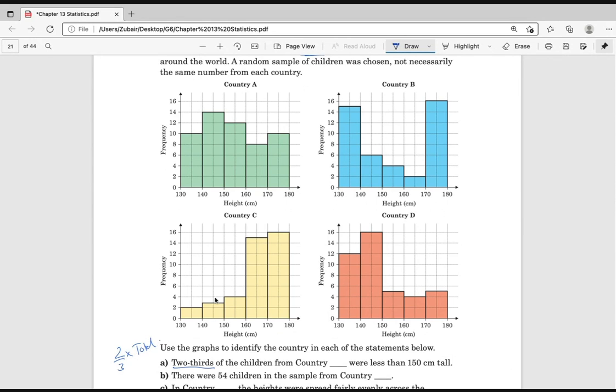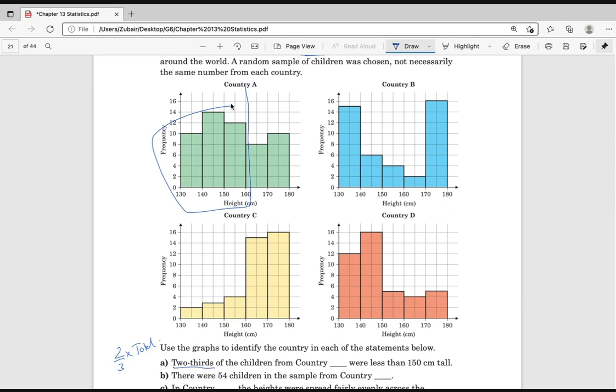Okay, this one. And if we are talking about C, these heights are very low. May I say height is equal to the area? Yes. So I think this is around two-thirds of the total graph.